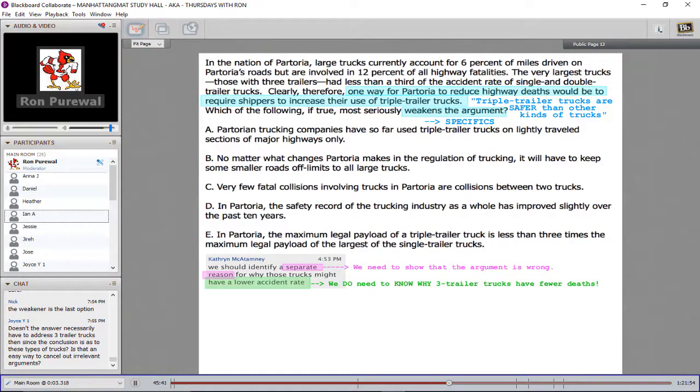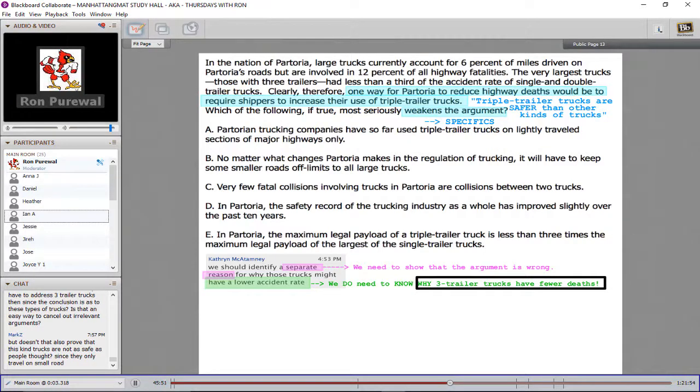What you can do is brainstorm this before you look at the choices. Why might this be true, besides safety?